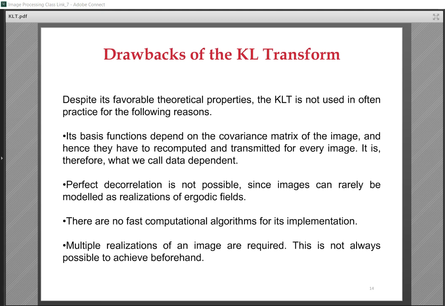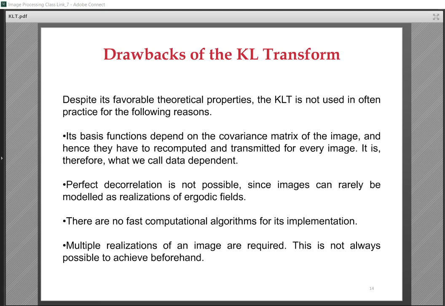That means it is a bad transform because of these items. Its basis functions depend on the covariance matrix of the image, CX, and hence they have to be computed and transmitted for every image. That means it is what we call data dependent.